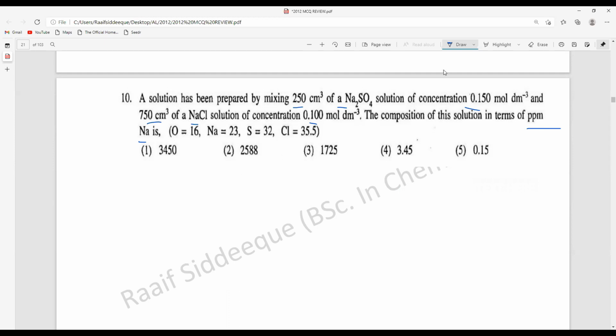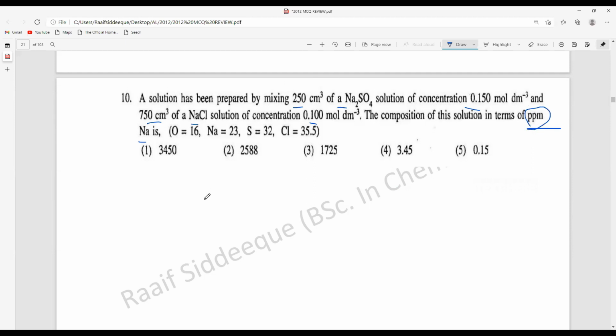Here, in this solution, you have sodium atoms, Na plus ions, sulfate, H plus, OH minus, because this is an aqueous solution. So out of these, if you have a million, how many Na plus will be there in the solution? That is what parts per million means.